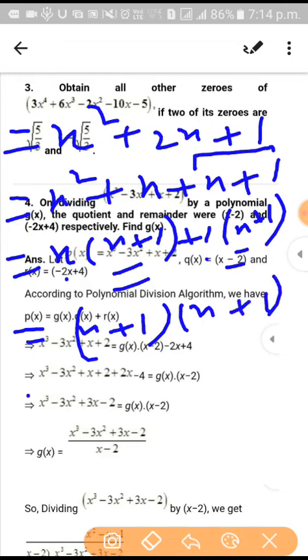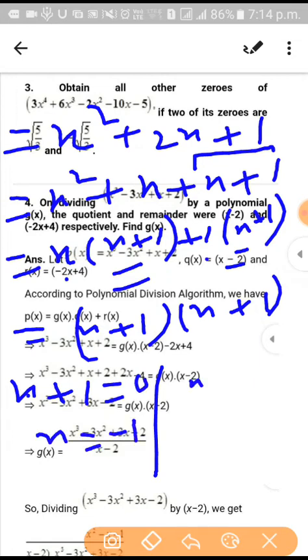So what we got? These are the factors. We need to find the zeros. So x plus 1 equals to 0, so x is equal to minus 1, and this is also x plus 1 equals to 0, so x equals to minus 1.